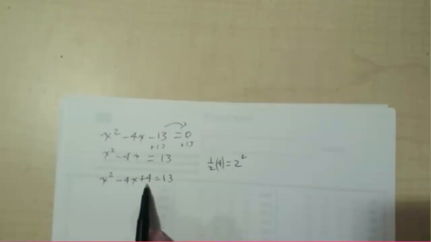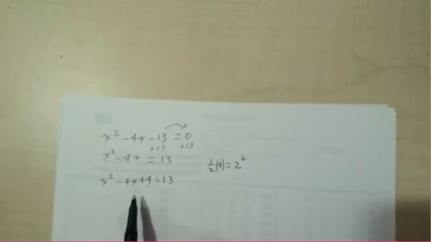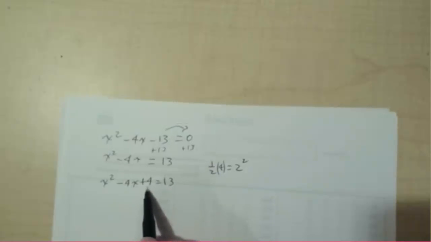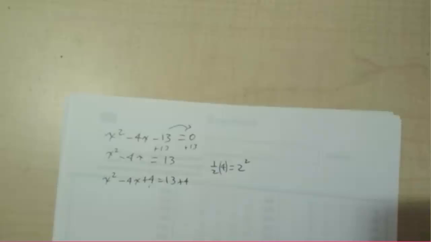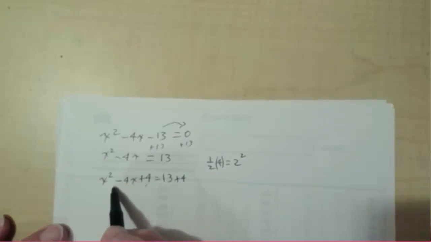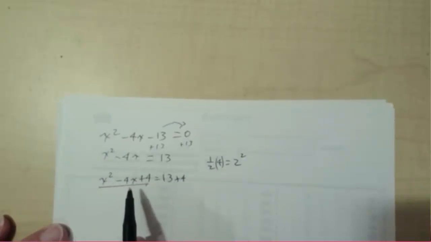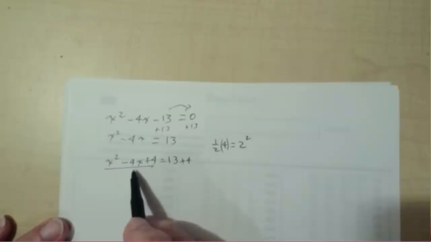Remember from day one in this class, whatever you do to one side, you have to do to the other side, or it's not an equation anymore. So we added 4 to this side of the equation, so we have to add 4 to this side of the equation. Now this is a perfect square because we just forced it into being one.